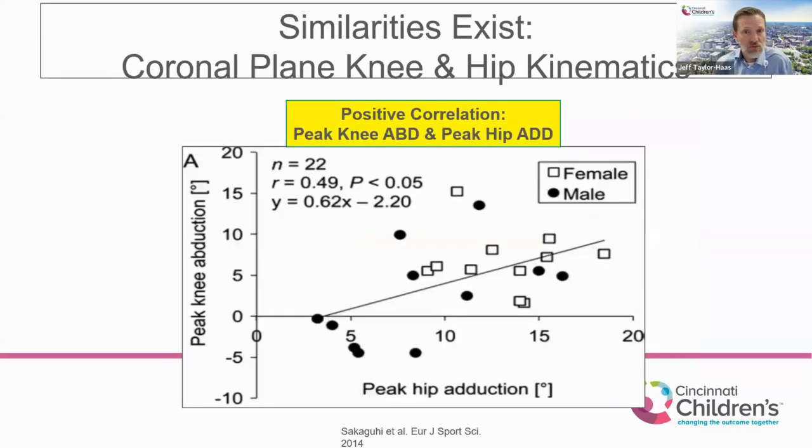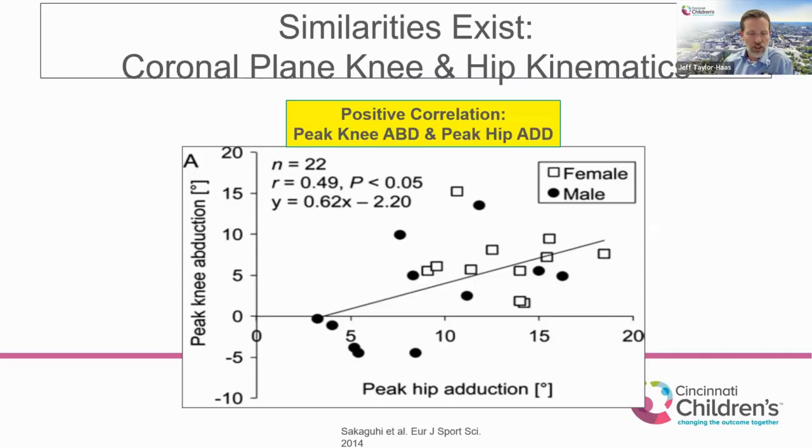Now, even when we move to the coronal plane or the frontal plane, we do see similarities, and that is more so with respect to the timing of coupled motion. When I began my first part of the talk, I talked about how coupled motion is when motion that happens at one joint concurrently happens in another joint, so those two move synchronously together, and that is generally related to the anatomical articulation of joints.